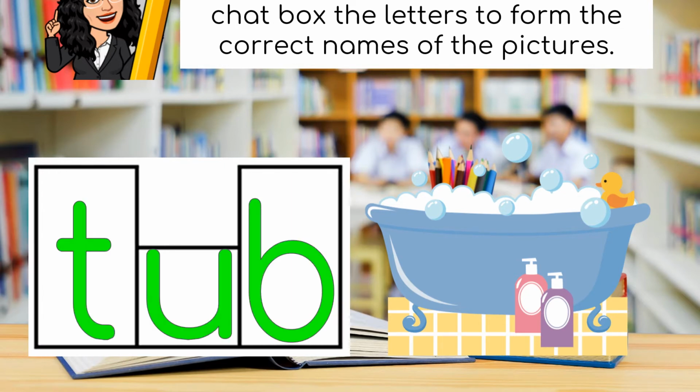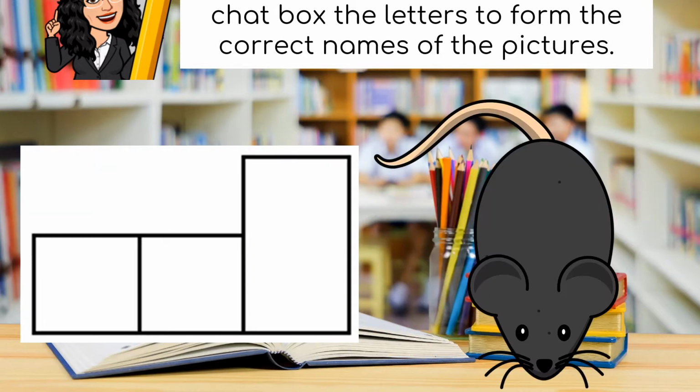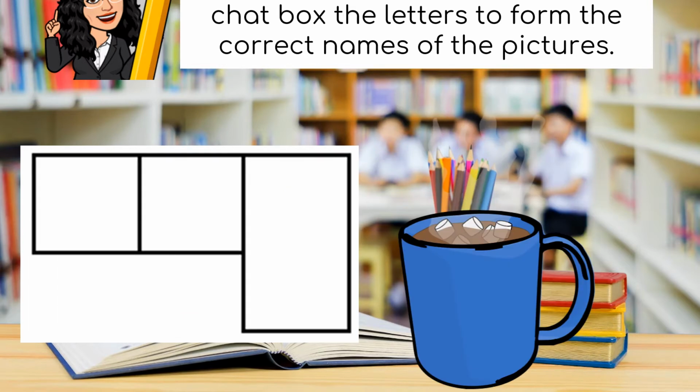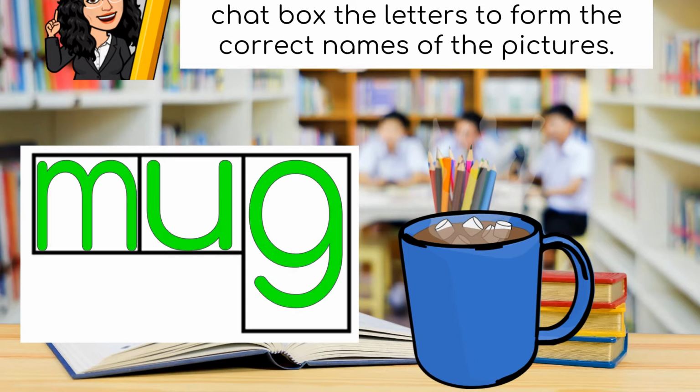T-U-B. Tub. What are the letters of the name in this picture? R-A-T. Rat. What are the letters of the name of this picture? M-U-G. Mug.